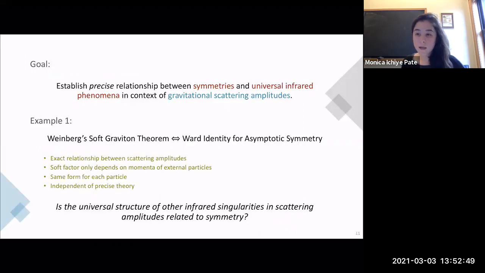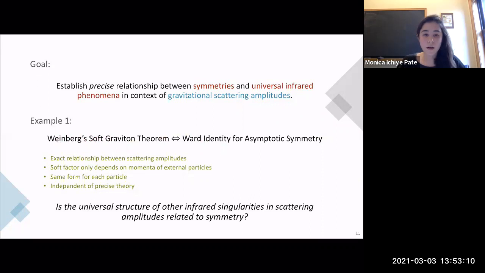Okay, so that concludes my review of one of the examples of a precise relationship between symmetries and universal infrared phenomena. This was the equivalence between Weinberg's soft graviton theorem and a Ward identity for supertranslational symmetry.